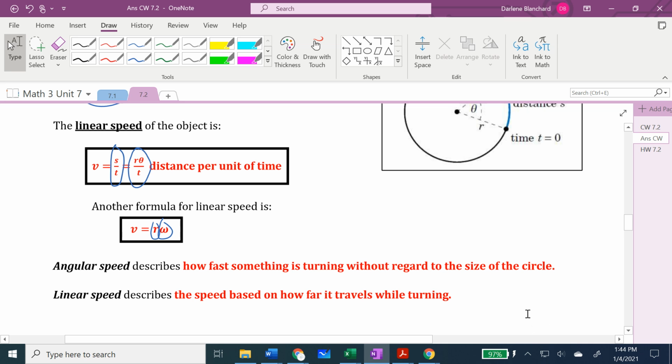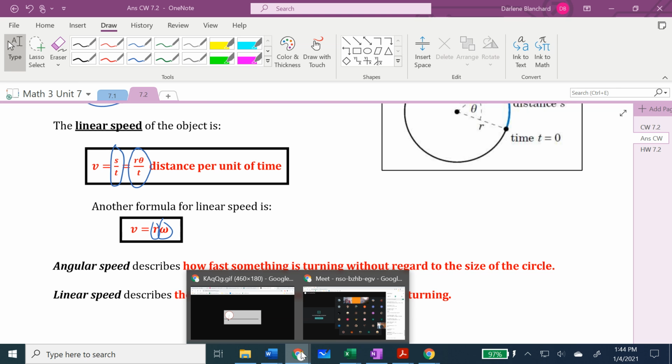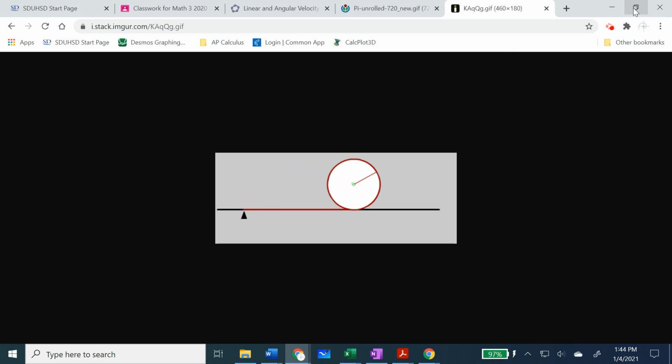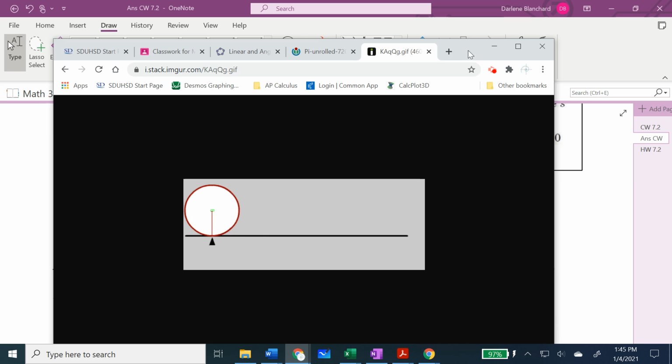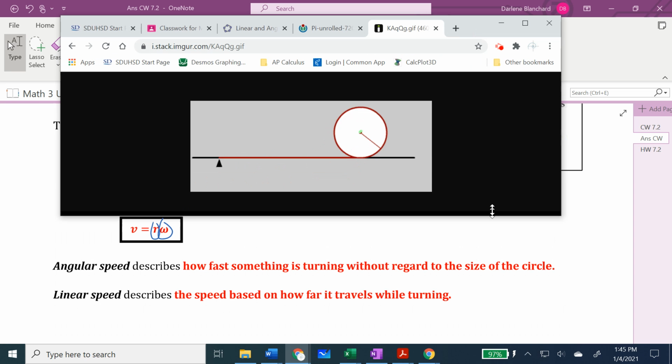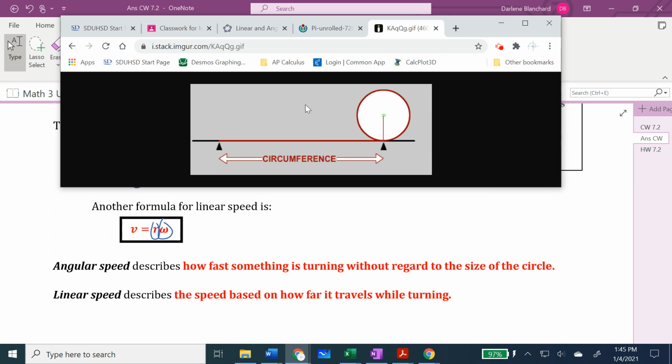I'll keep that up for a minute, and then I'll show you the fun little GIFs that I found. So angular speed is just how quickly it is turning, but the linear speed is the actual distance divided by time.